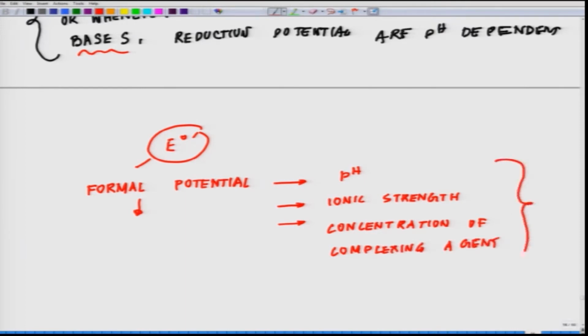At this point, you people have to remember these three aspects. Okay. Biochemists call the formal potential at pH 7 as E0 prime. This is that E0 prime. Now, I will put some of the values for you to realize how E0 prime looks like.